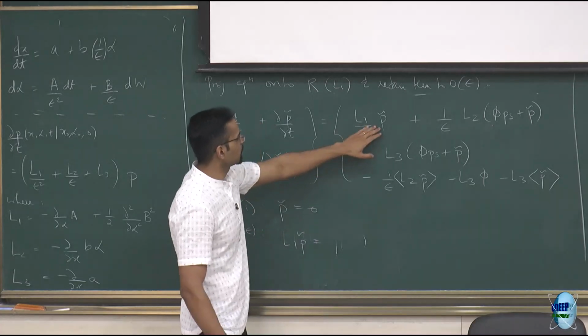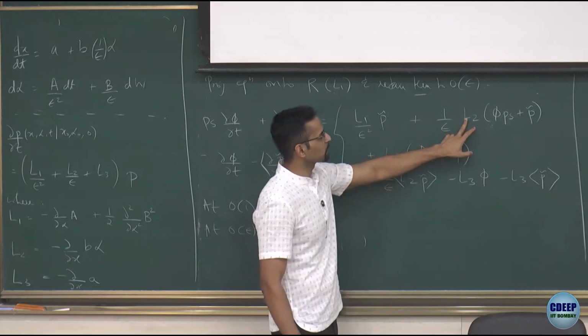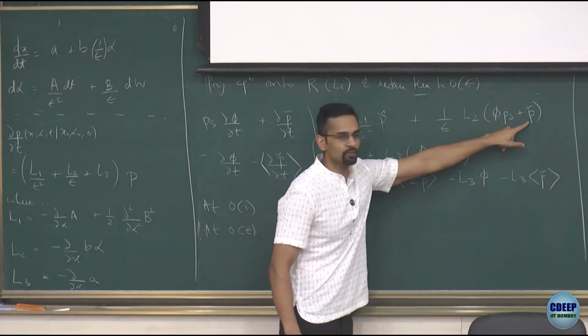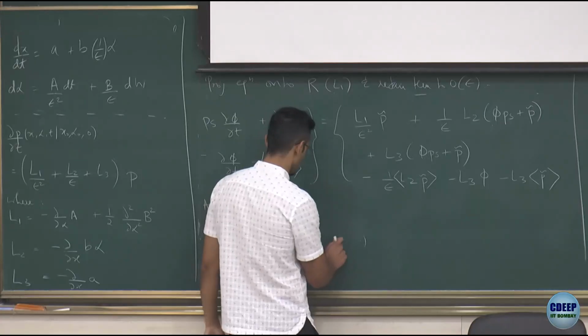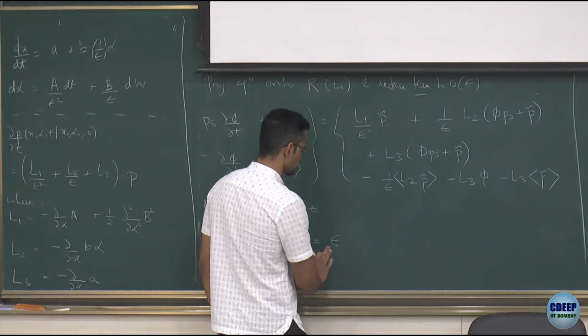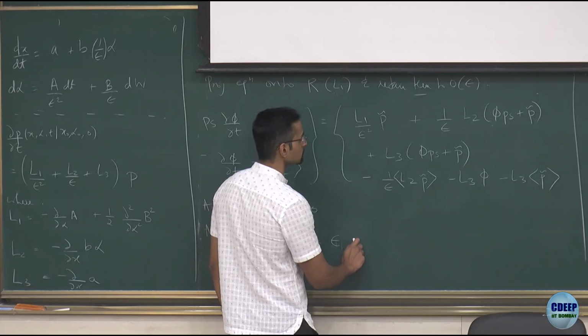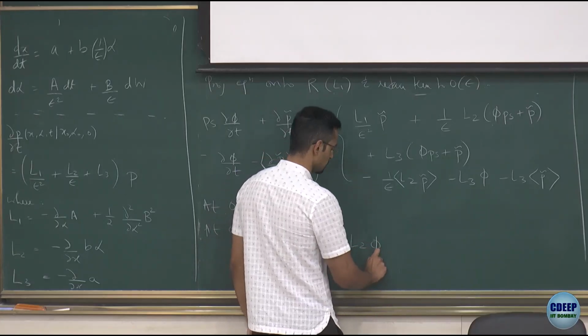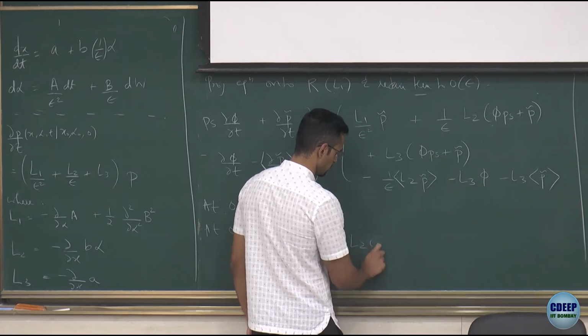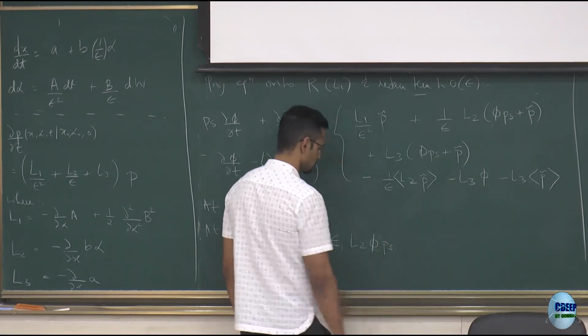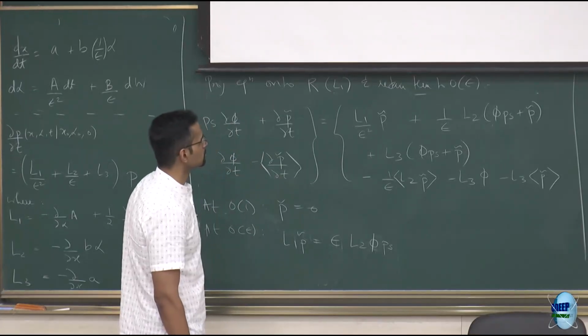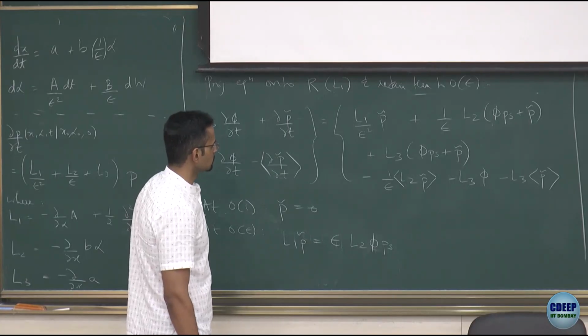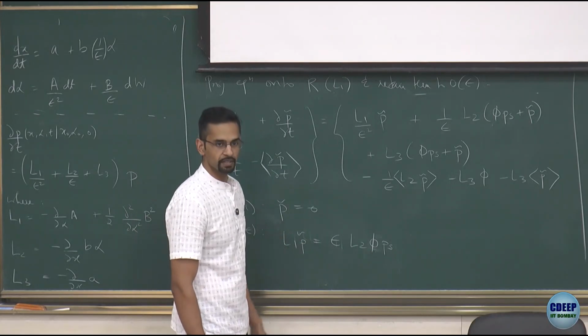Instead, I'll have some terms here. This will be L1 P tilde. This will be an order epsilon term only with this guy, because this guy will again throw out another epsilon. So I'll have epsilon L2 phi PS there.